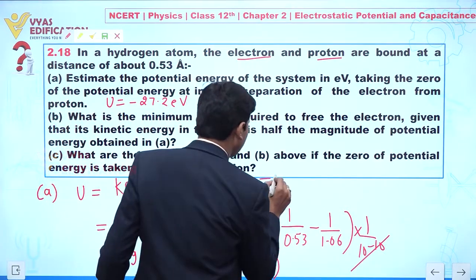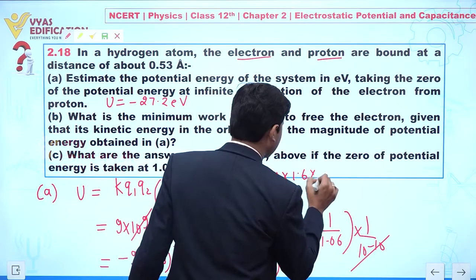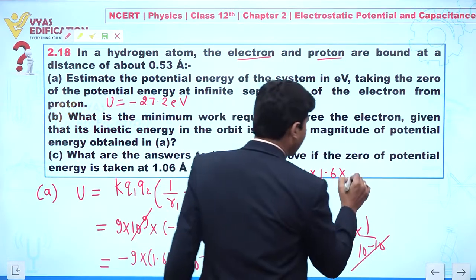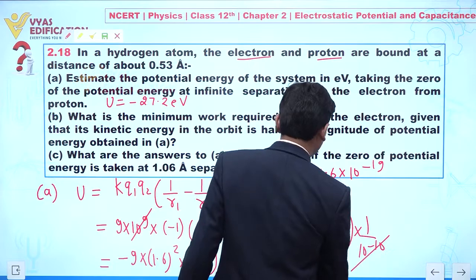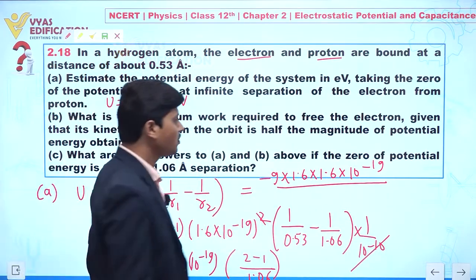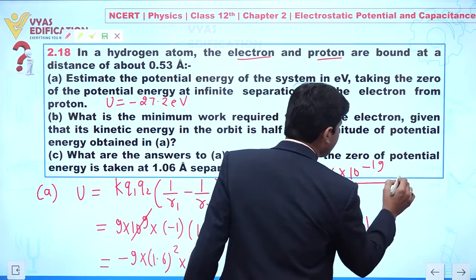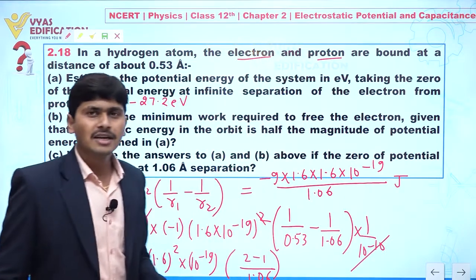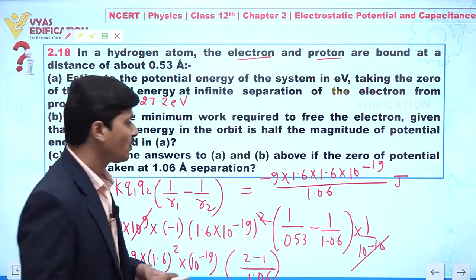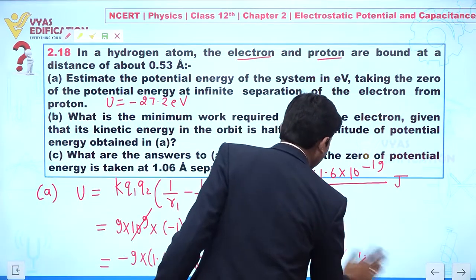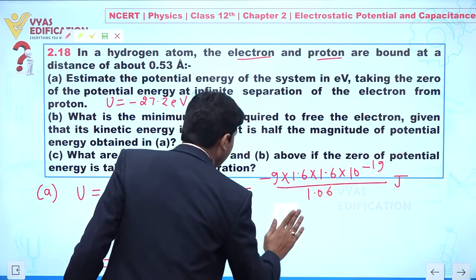I am writing here minus 9 into 1.6 into 1.6 into 10 to the power minus 19 divided by 1.06. Now this value we are getting in joule. Now we can convert this value into electron volt if we divide it by 1.6 into 10 to the power minus 19.